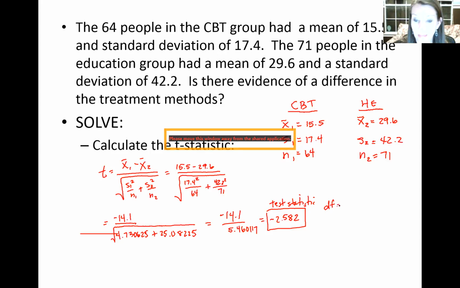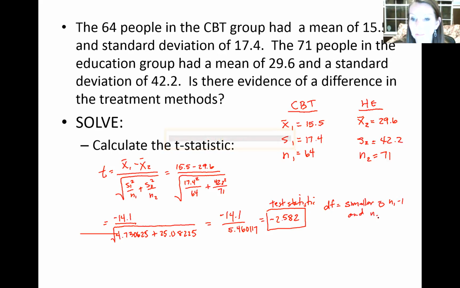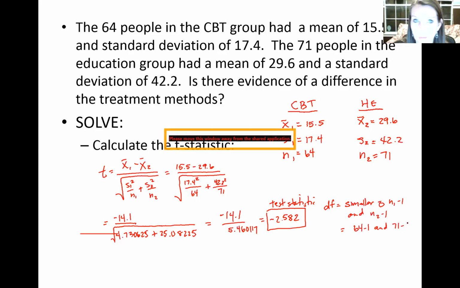So for the 2-sample case, the degrees of freedom are going to be the smaller of n1 minus 1 and n2 minus 1. So in this case, that's the smaller of 64 minus 1 and 71 minus 1, so 63 or 70. So 63 is obviously smaller. So we're going to end up with 63 degrees of freedom.